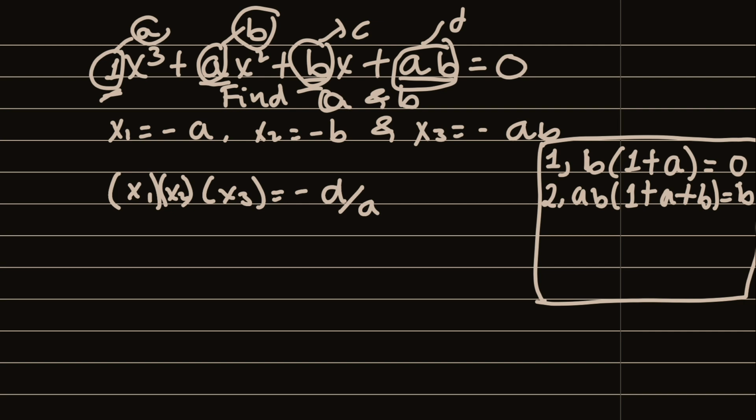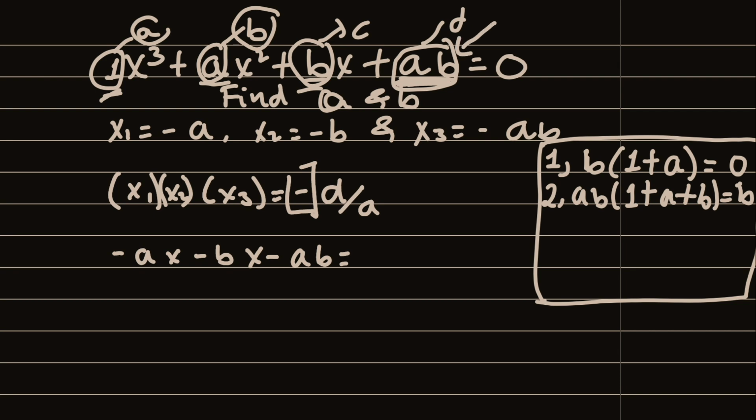Don't forget that in the first formula, we have a minus sign. So it will be minus a times minus b times minus ab equals to minus d. D is equals to ab, you see.